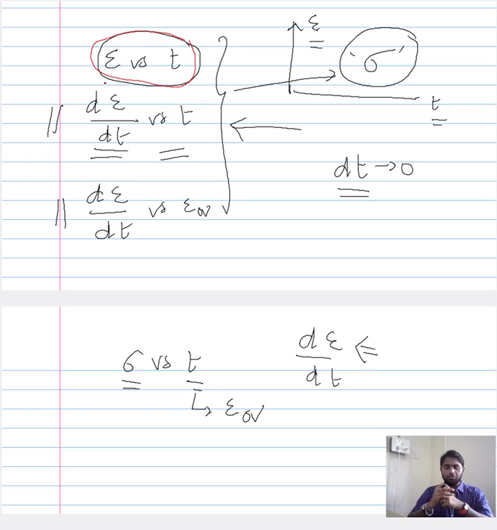But the one convincing reason is that whatever test we do, we want to do it in view of a particular application that we want to serve. And in that view, when you talk about which of these different representations would be most preferred, the strain versus time plot will be preferred, because when you talk about a mechanical condition in an application, more than the strain rates, the load experienced by the material in that application is easily discernible.